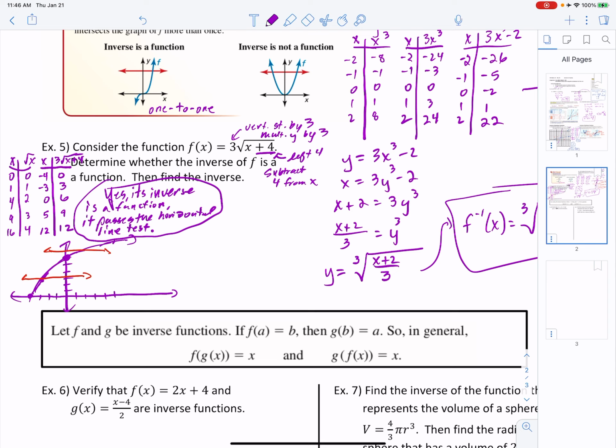And then it says find the inverse. So we are going to have y is equal to 3 square root of x plus 4. Switch x and y. And then divide by 3. And then I'm going to come up here and I am going to square both sides.